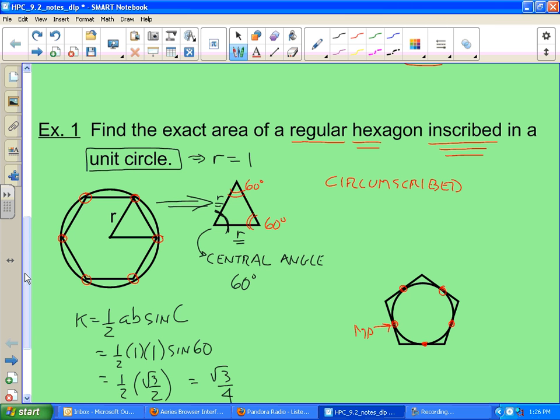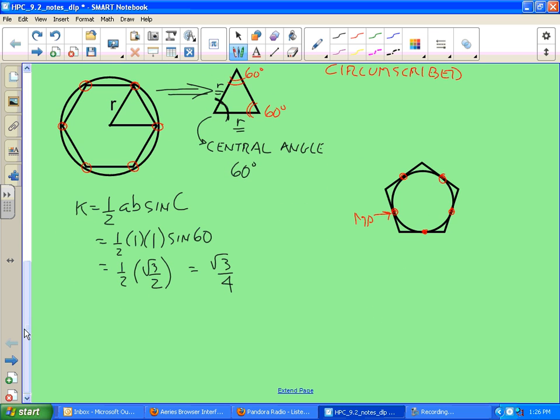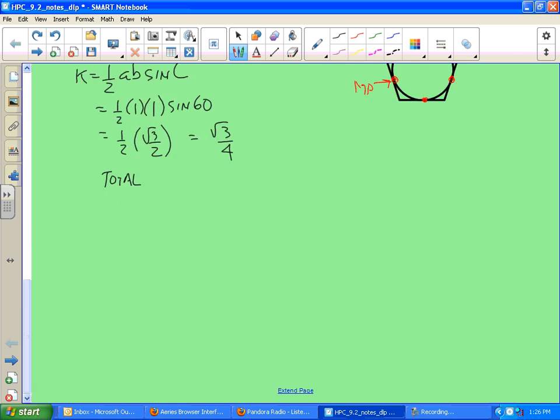So now that I know that there are 6 of those equal little triangles in there, I can find the total area of the hexagon. It's equal to 6 times what we just found is the area of one of those. And we get 3 √3 over 2.